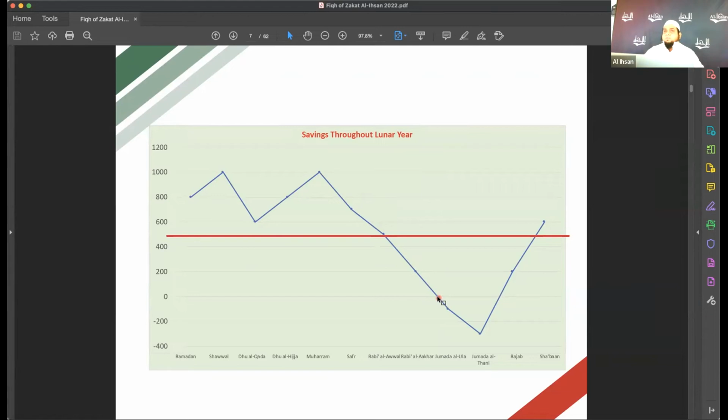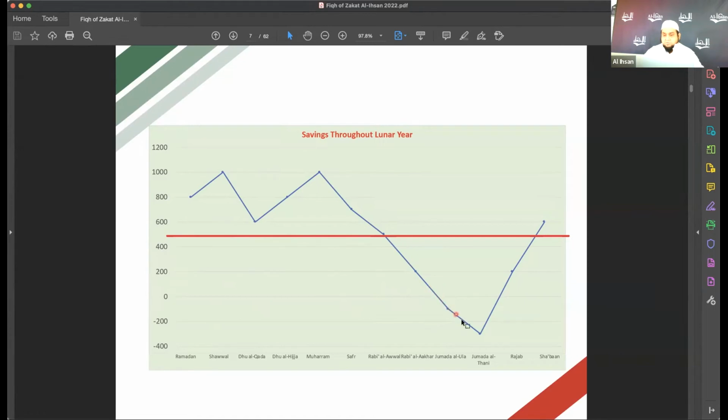They went bankrupt. They had no more money, and they went into $300 of debt. So as soon as they hit zero over here, whatever happened before doesn't matter anymore. They had wealth, they didn't have wealth, that is cancelled.